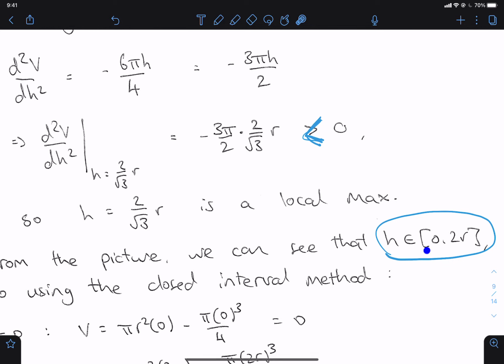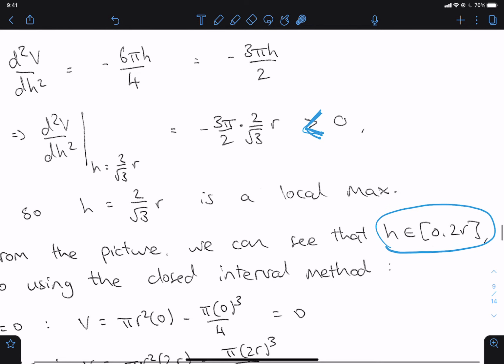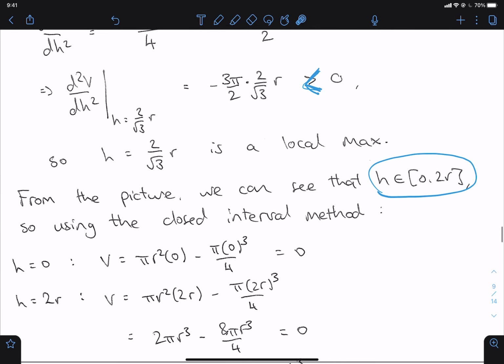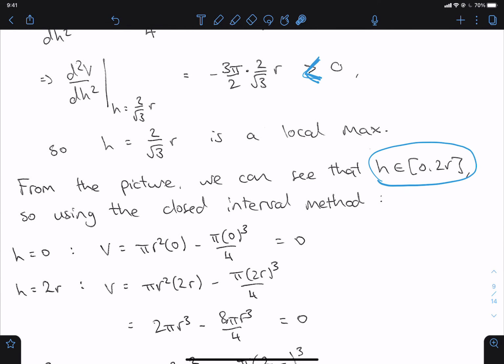When it's equal to 0, you have the entirely flat cylinder. When it's equal to 2r, you have a very, very skinny, tall cylinder. Okay, so that is the domain of this function, h.